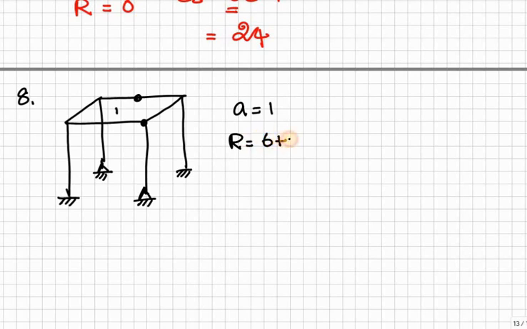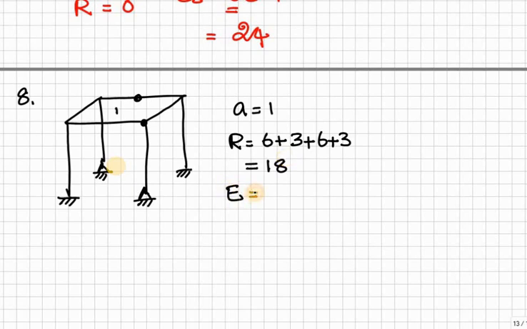Therefore, 6 plus 6, and for this support, how many do we have? 3, because of fx, fy, fz. No moment, but all the linear reactions will be there. So again, the fixed supports give 6 each. So totally 18 support reactions.